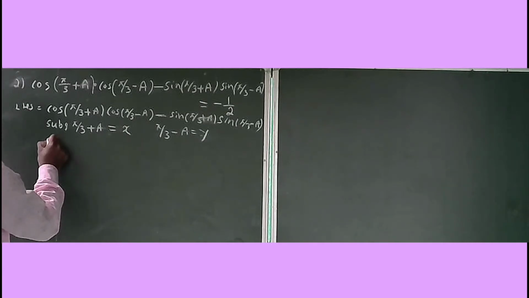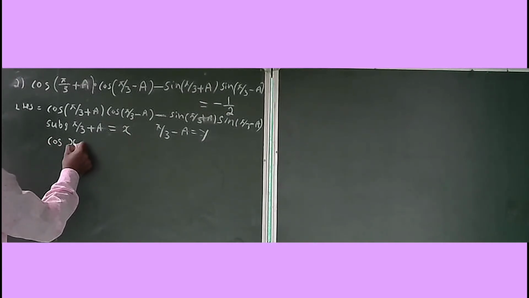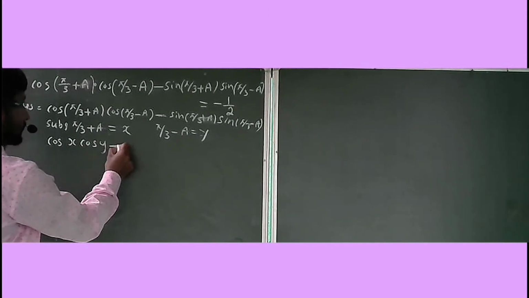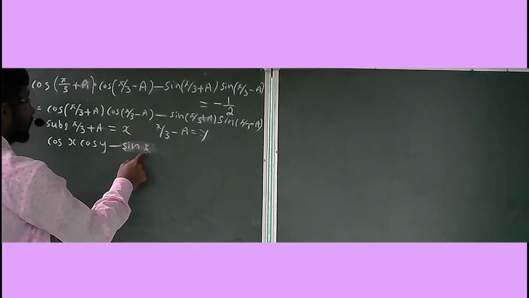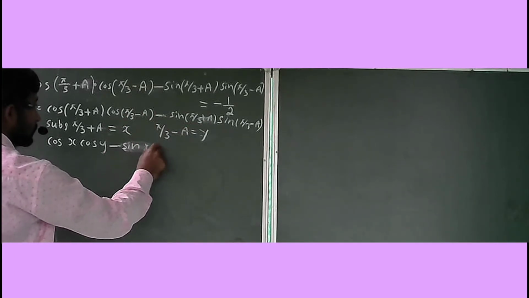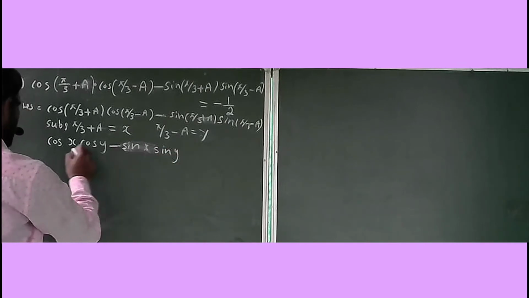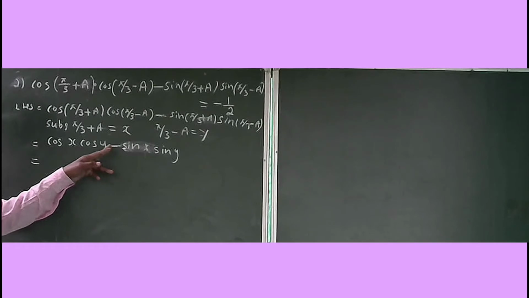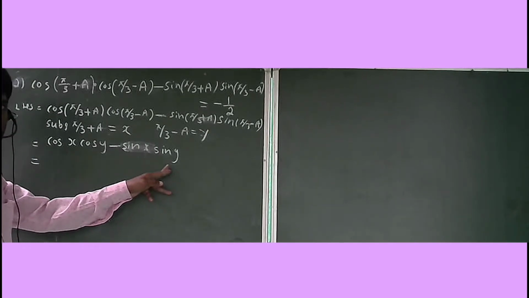So you will get cos x into cos y minus sin x into sin y. What's the meaning of x? X is pi by 3 plus a. Okay. It's of the form cos a cos b minus sin a sin b, right?